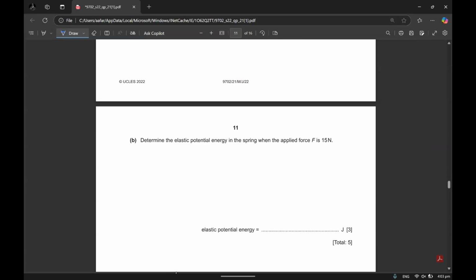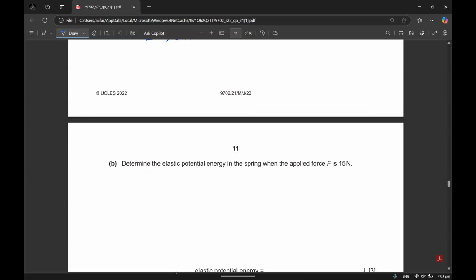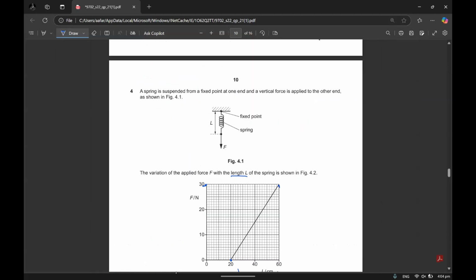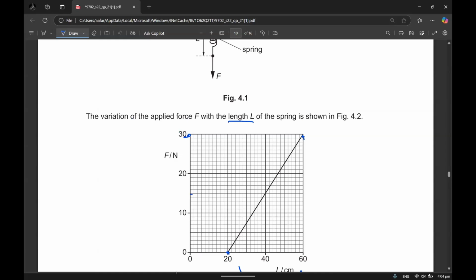Determine the elastic potential energy in the spring if the applied force F is 50 Newton. The basic formula of elastic potential energy is half into force into extension. Now over here we can change this according to our need. At 15 Newton, the extension is 20.